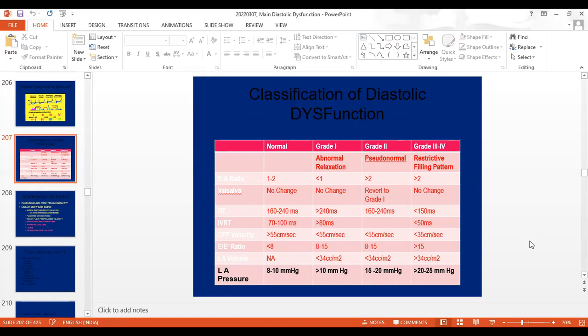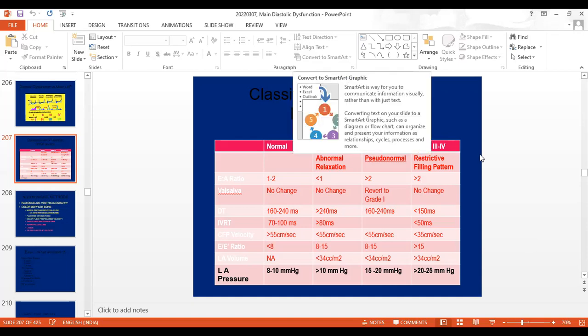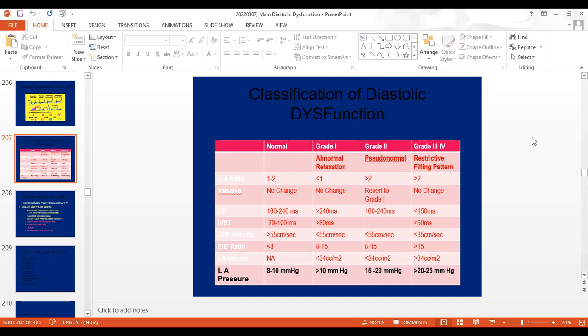Grade 2, I'm sorry, I'll not be able to say, because a variable kind of pattern could be present in tissue Doppler. The reverse of the same pattern could be seen in tissue Doppler. You can understand that much. But we are not using that pattern for calculation of diastolic function, neither before 2009 nor 2016.